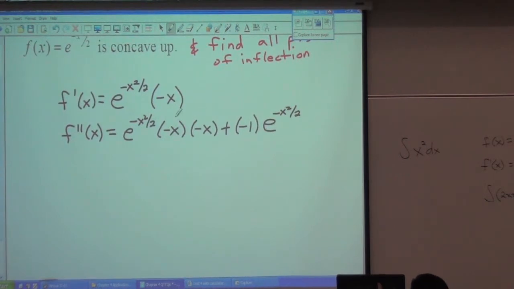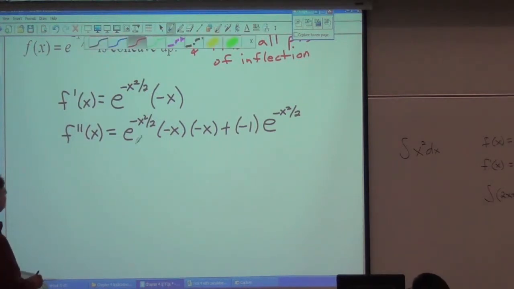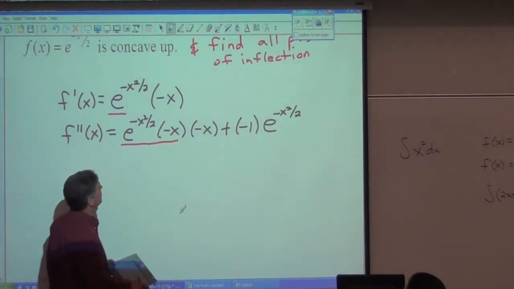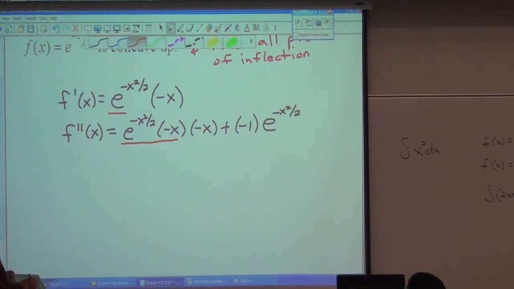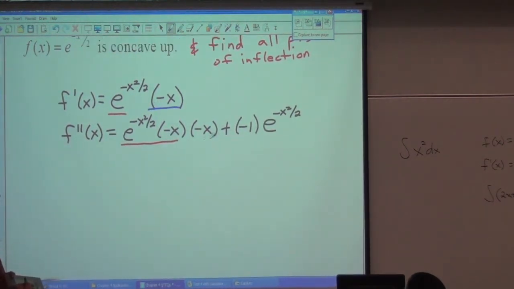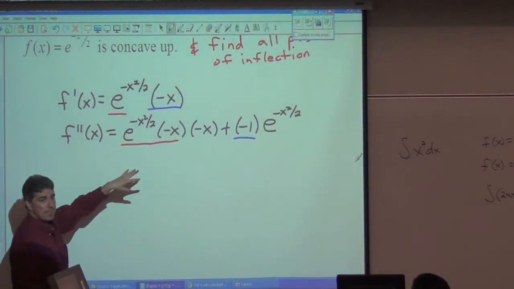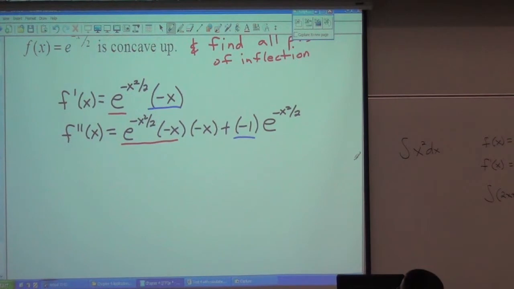So here, this right here is the derivative of this, right? So I took the derivative of this, got this, multiplied by that. Then I took the derivative of this, which was this, and multiplied it by this. Now, to find points of concavity, we need to know where the second derivative is 0.